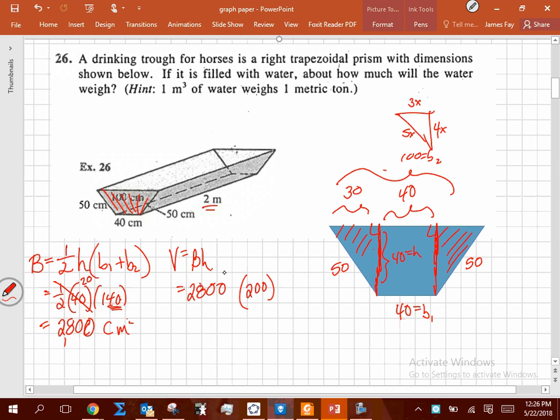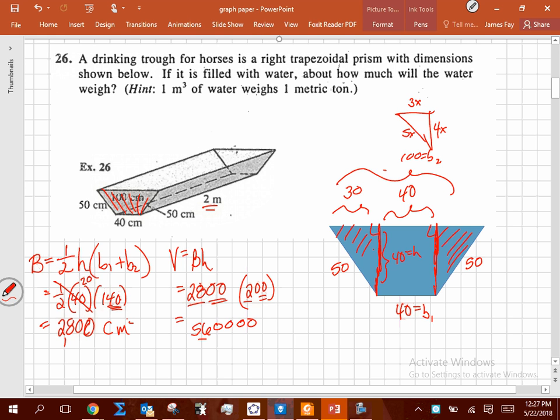So this was centimeters squared, so we had to change this to centimeters as well. That's why we changed it to 200. Now when I multiply that out, 28 times 2 is 56, and then the 4 zeros: 1, 2, 3, 4.